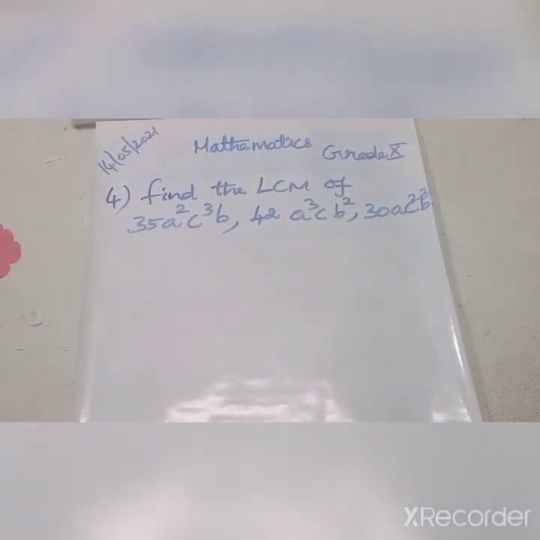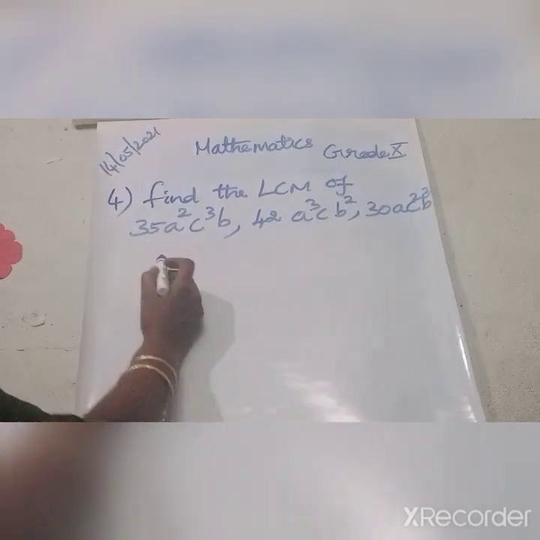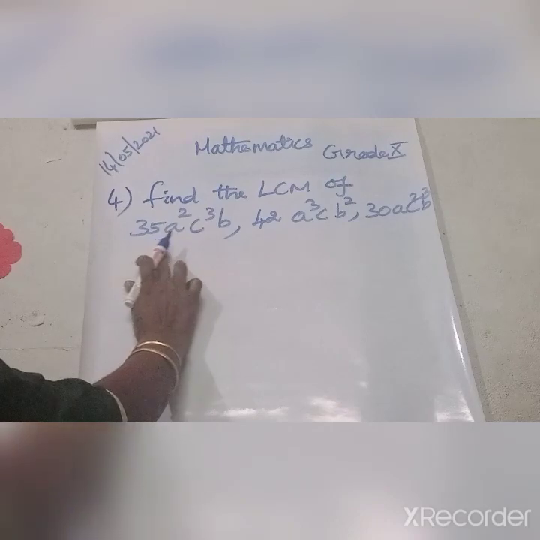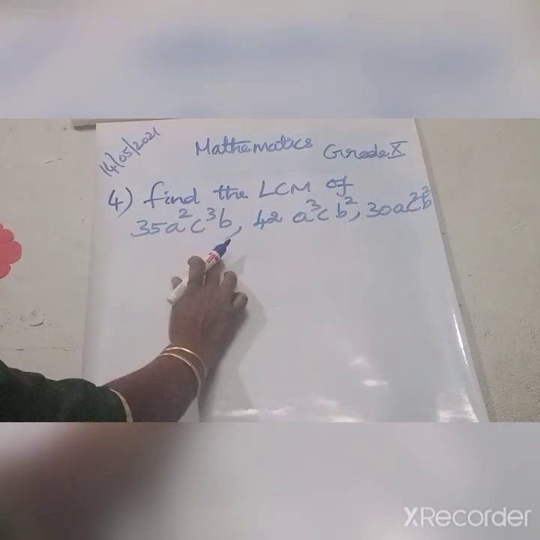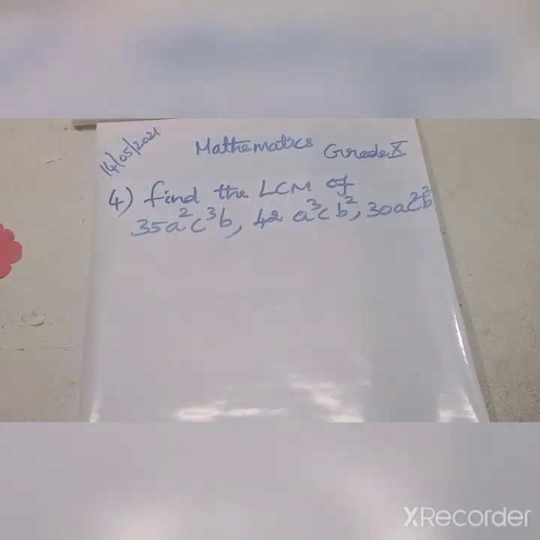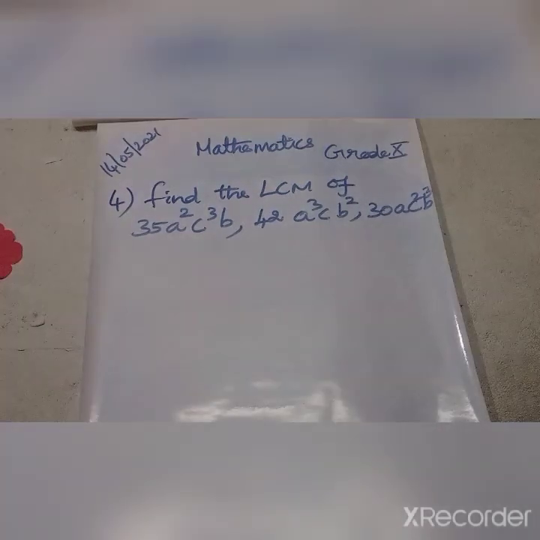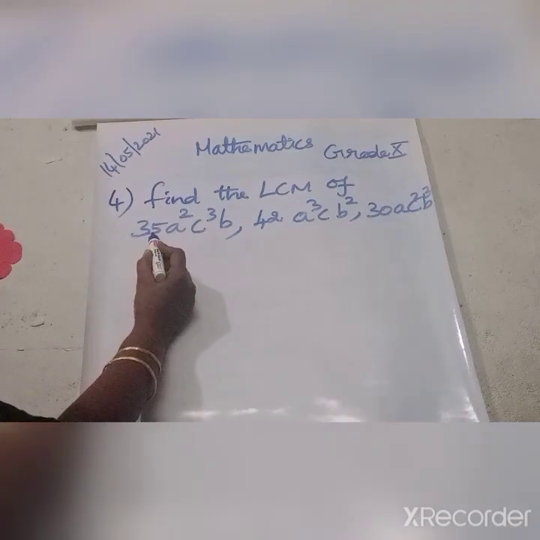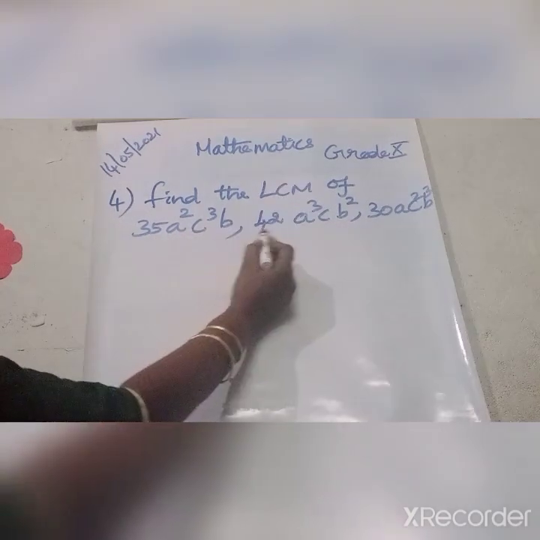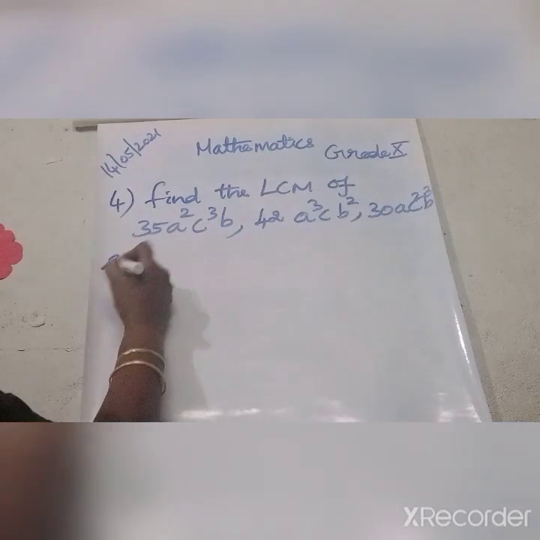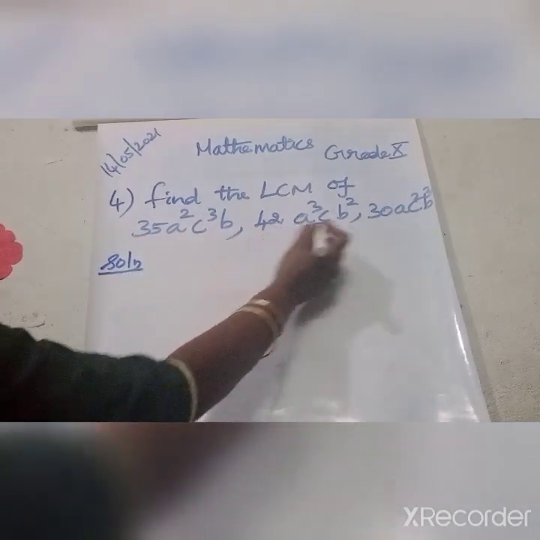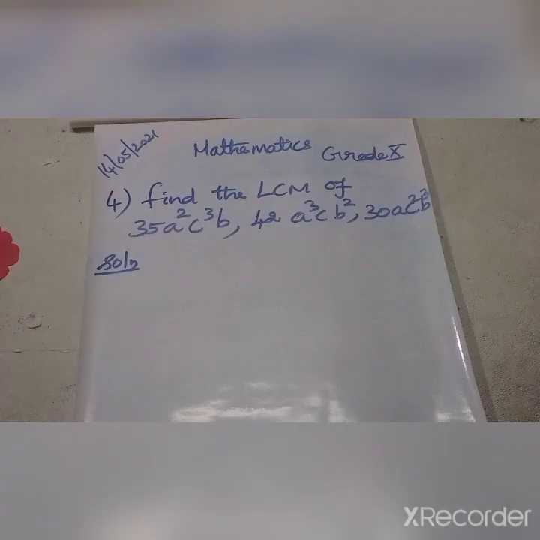How to find it? In the last question, only numbers were given. This one has numbers with variable terms. When this type of expression is given, how do we find the LCM? Let us learn now. First, we go through the number terms alone: 35, 42, 30.